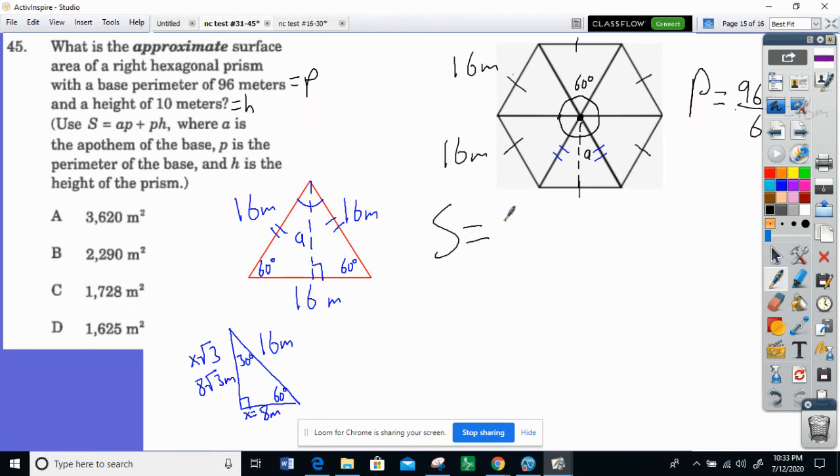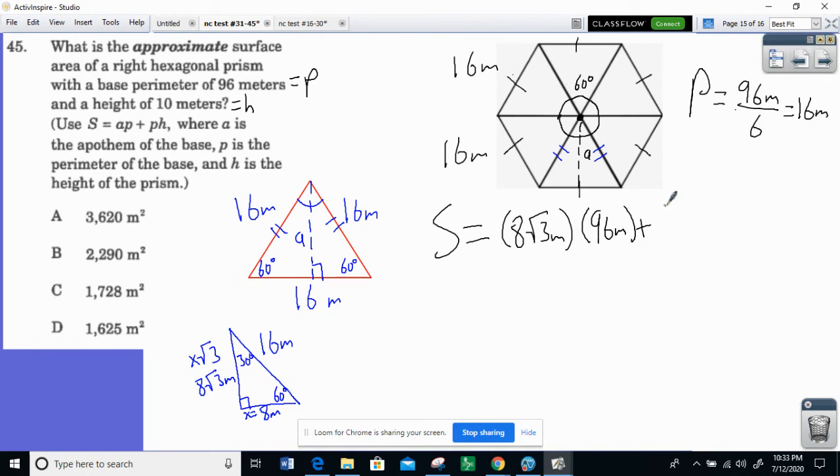So this surface area is going to be the apothem, 8 times the square root of 3 meters, times the perimeter, 96 meters, plus the perimeter, 96 meters, times the height.